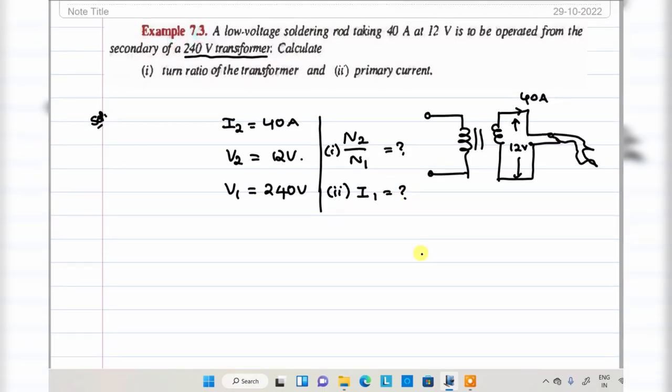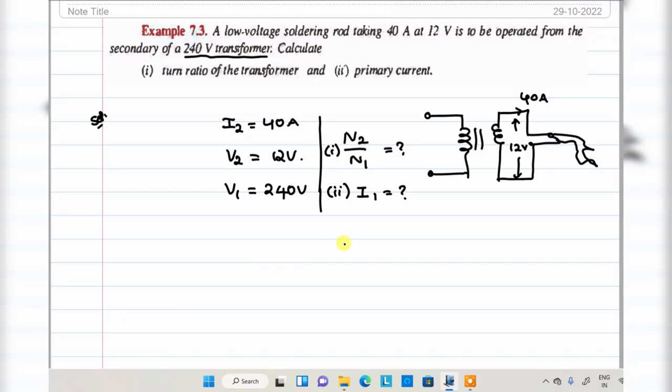In the examination, they may ask you either the I1 value or the turns ratio, or they may ask you both. If they ask both, the options might be: A, N2 by N1 is 1 by 20 comma 2 amperes; other option, 1 by 40 comma 5 amperes; third option, 1 by 60 comma 6 amperes; and D is none of the above. Options like that.